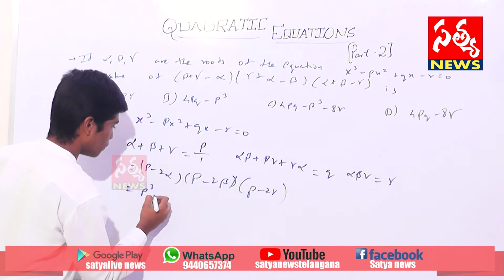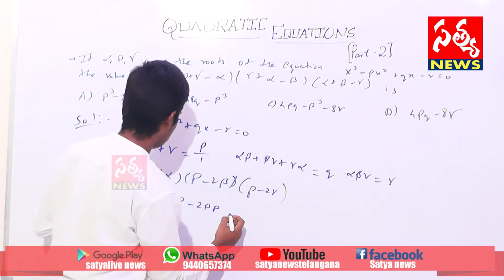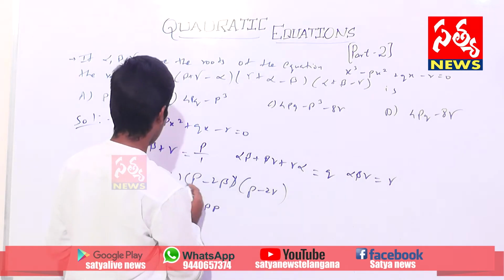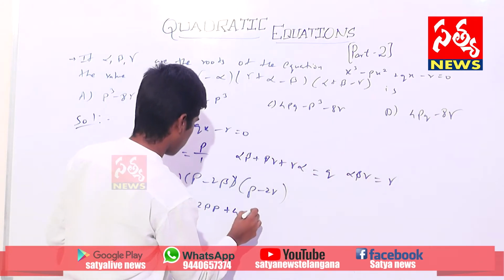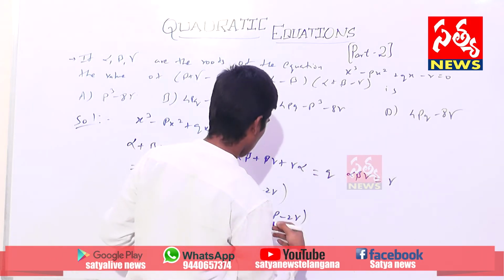First of all, p square minus 2 alpha p minus 2 beta p plus 4 alpha beta, into p minus 2 gamma.